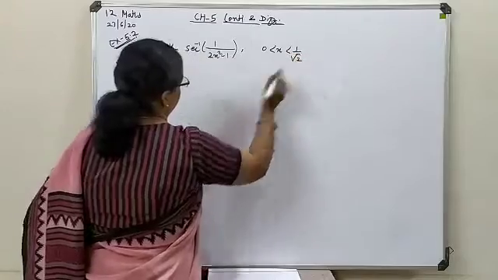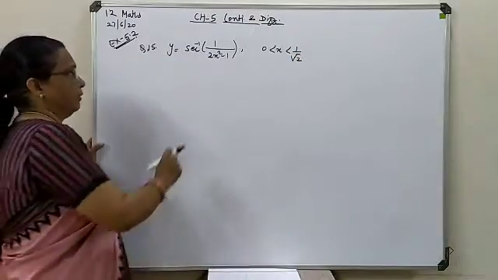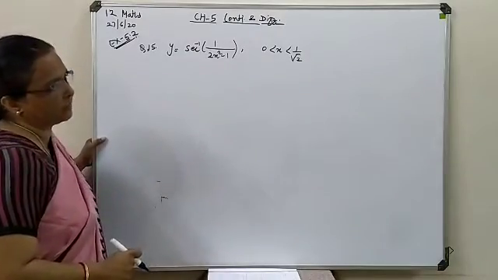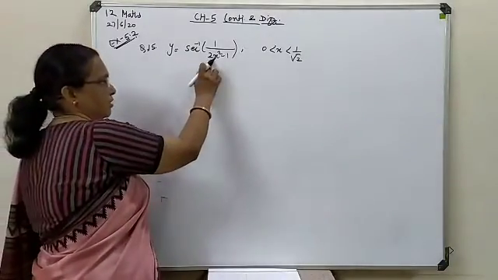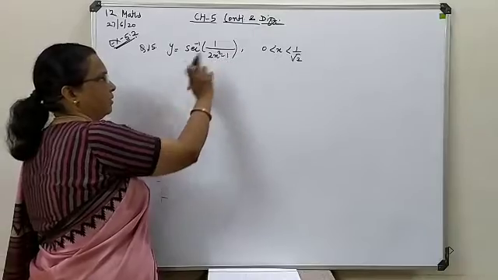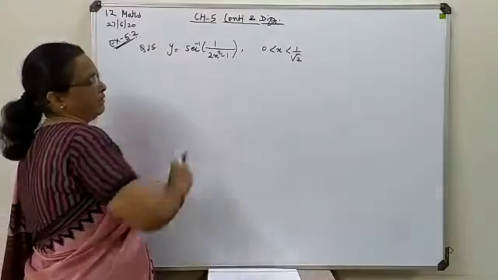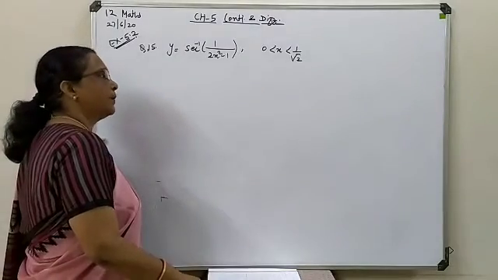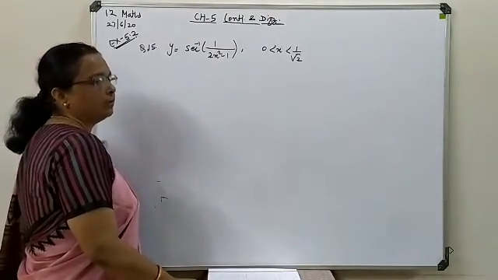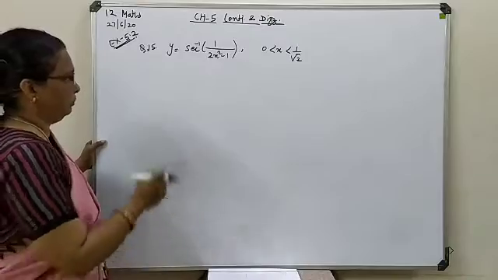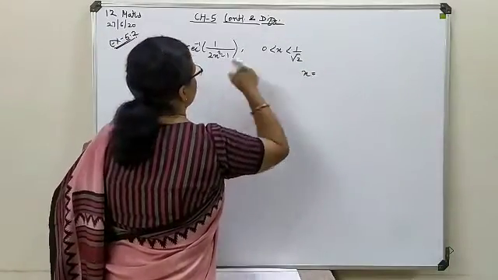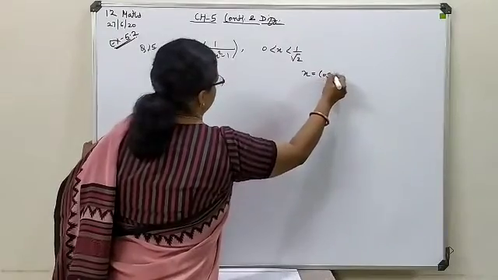Here you see, we have to generate this term in terms of sec. If you look at this combination, 2x square minus 1, suppose we write x as cos theta, it will generate the formula of cos 2 theta, and 1 upon cos will give you the sec form. So in place of x you write cos theta.